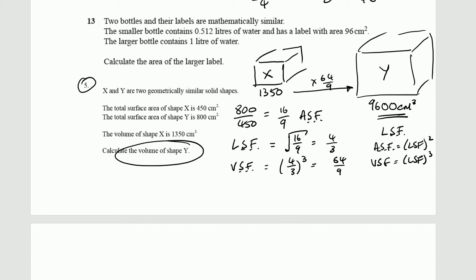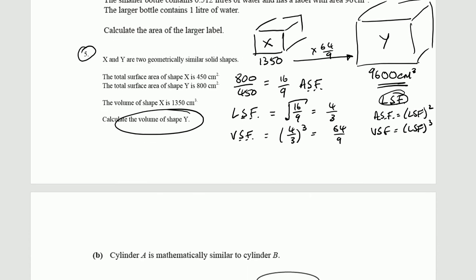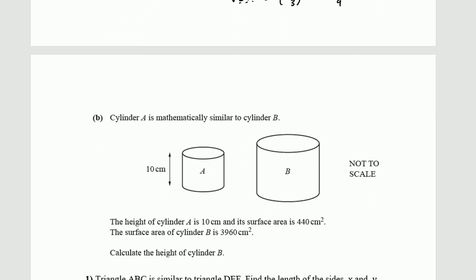In other words, length scale factor is the key to the other two. In this question I was given an area scale factor and I wanted a volume scale factor. So by square rooting to get back down to the length scale factor, I was able to then cube that to get to the volume scale factor. So that's what we're always trying to get to. Length scale factor is always the key to doing these questions.